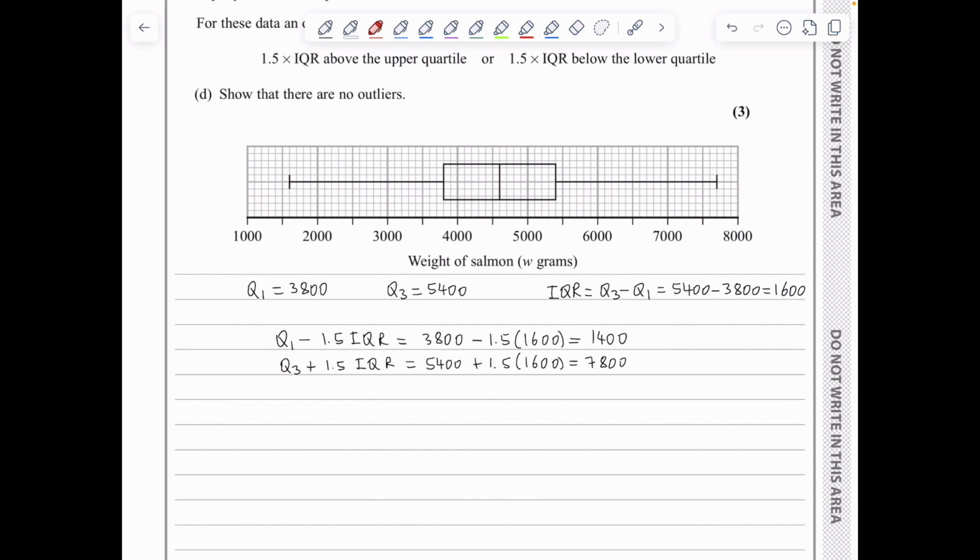Well, looking at the box plot, the minimum we have seen is 1,600 and the maximum we have seen is 7,700. Therefore, we can easily conclude that since 1,400 is less than the 1,600, as well as the 7,700 being less than the 7,800, so the minimum is greater than the limit on the left-hand side and the maximum is less than the limit on the right-hand side, and therefore we conclude that we've got no outliers.